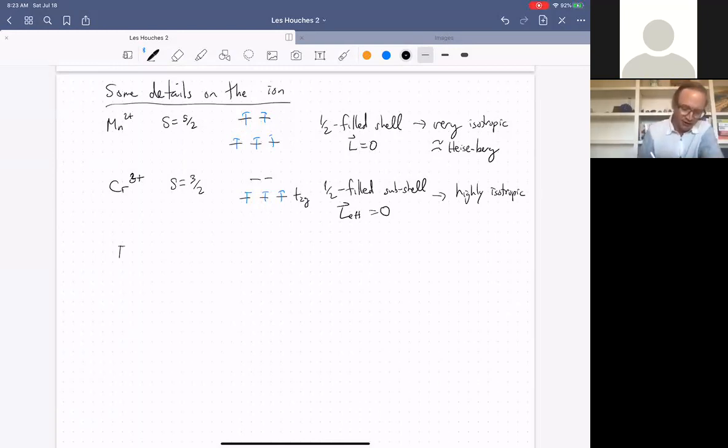I won't go into details of iron, nickel, and cobalt, but these all involve partially filled subshells. Generically, sometimes a competition between different orbital states. They're generally less isotropic.